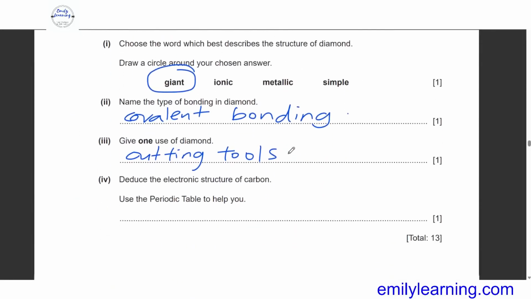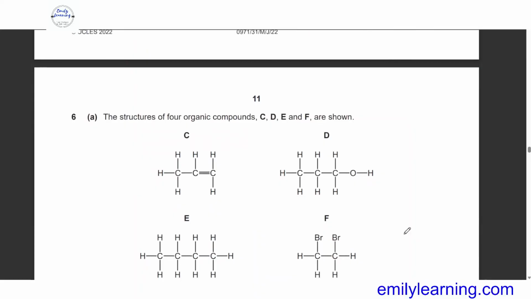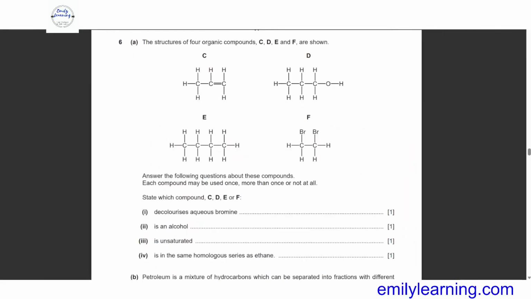So 6, that means it's 2. The first shell can only have 2. The next shell can have a maximum of 8, but you only have 4 more left. So the electronic configuration is 2, 4.